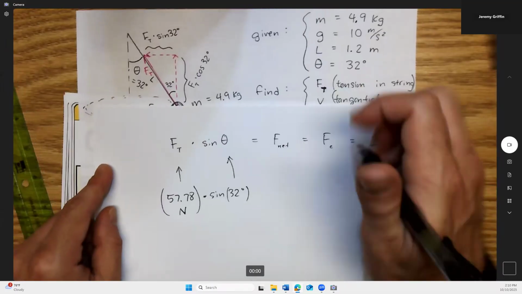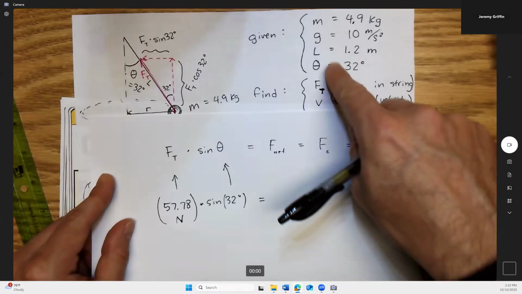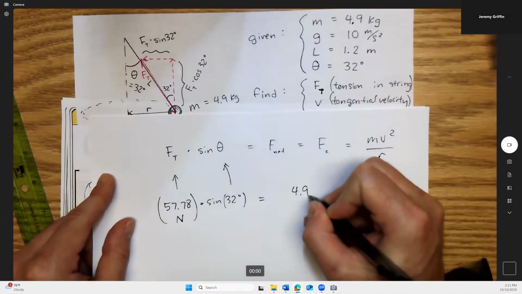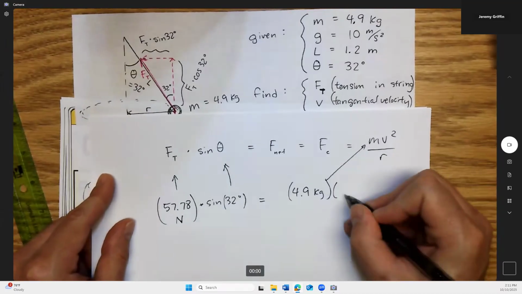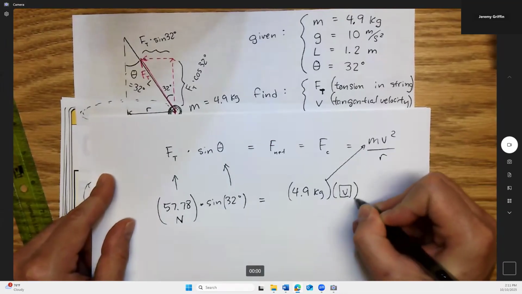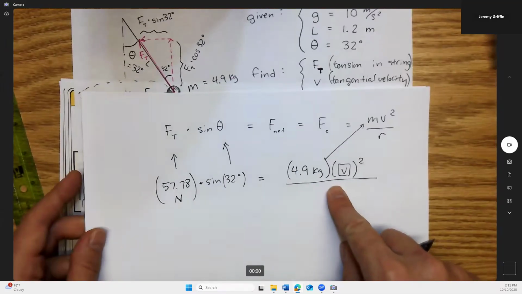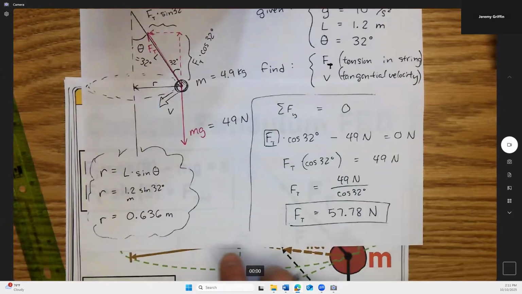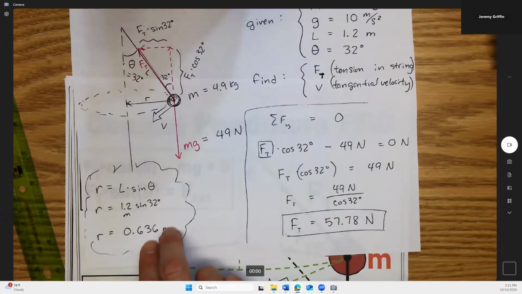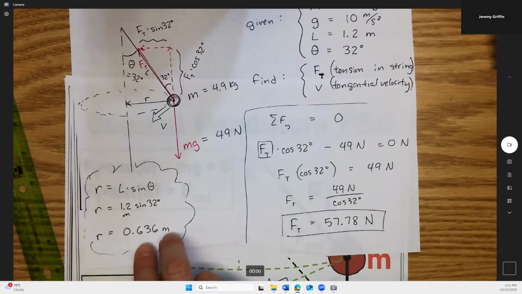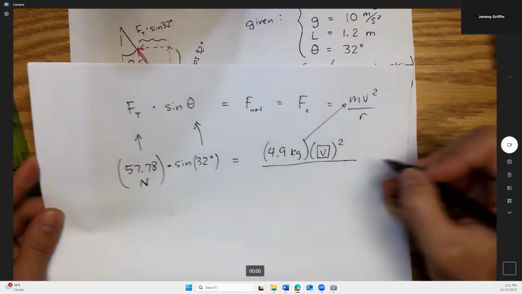This is equal to mass, which is 4.9 kilograms, times v, we don't know, but we're solving for it, squared, divided by, guys, what's the radius of curvature? That's what we got over here. You're saying, well, I think that might be important down the line. Yeah, and now it is. That was L sine theta, by the way. But we just got that.